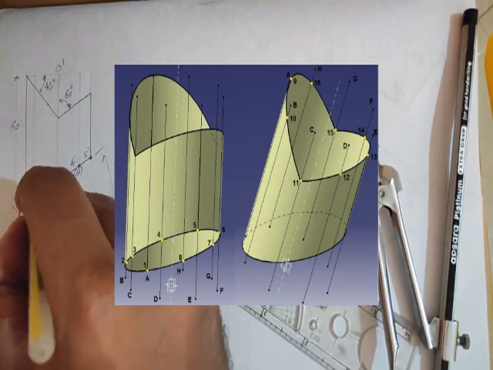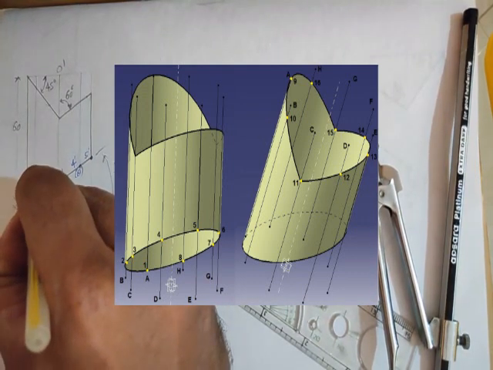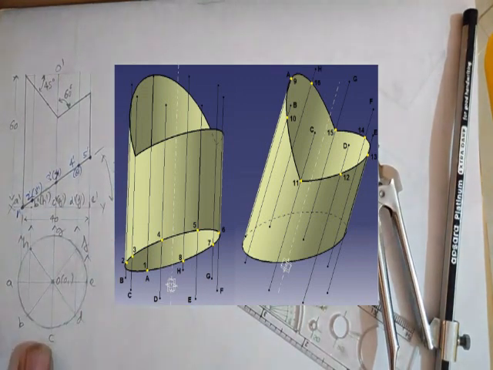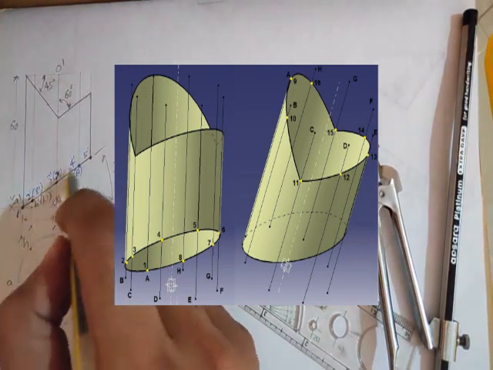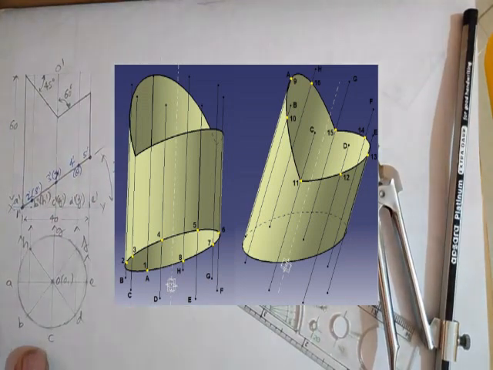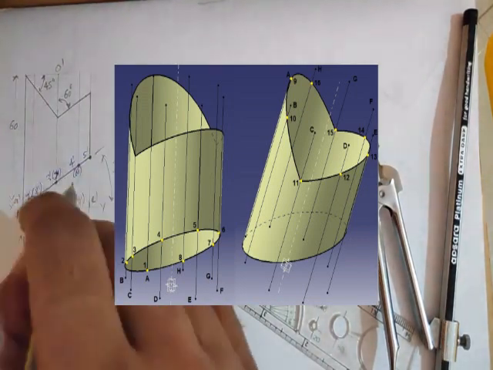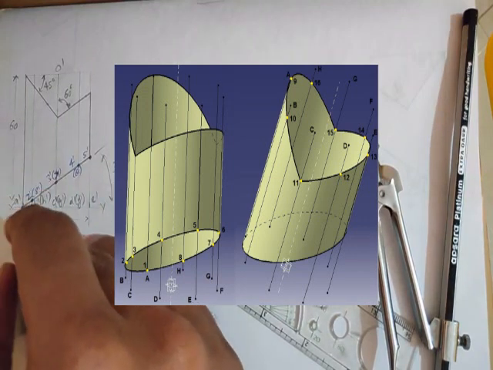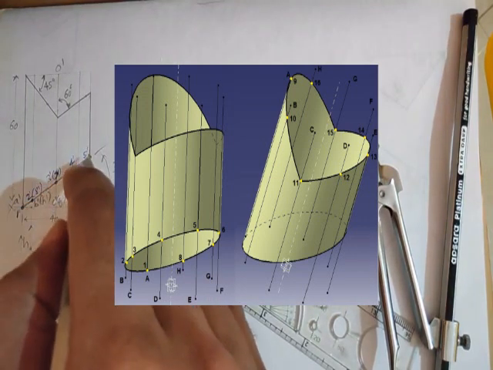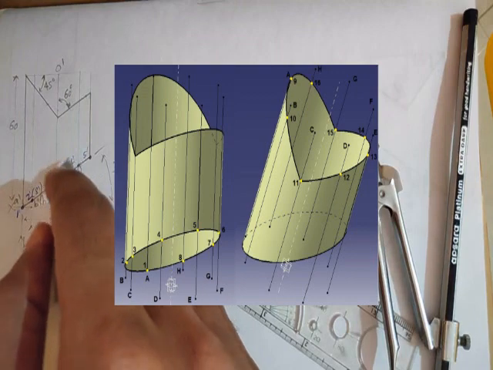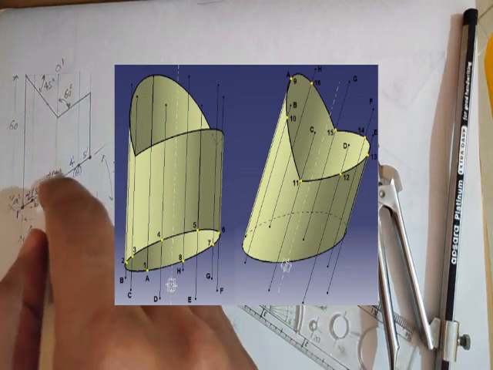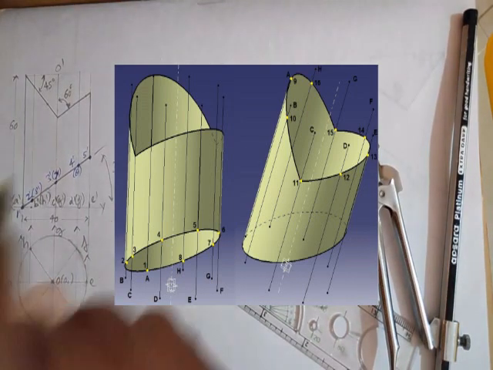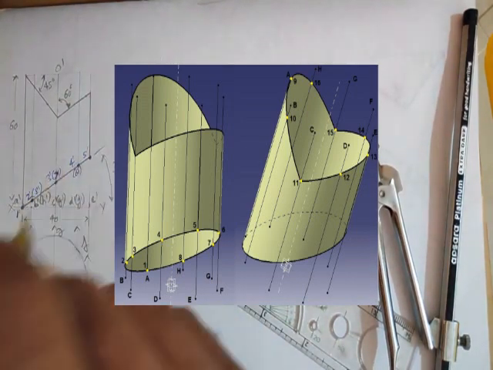Yes, at this point as 2 dash, so I'll put 2 dash into bracket 8 dash. So I got 8 intersection points here. You can refer to the earlier portion in the video where in the 3D model the 8 intersection points that the first section plane makes are very clearly shown. The same points I have located here in the front view.